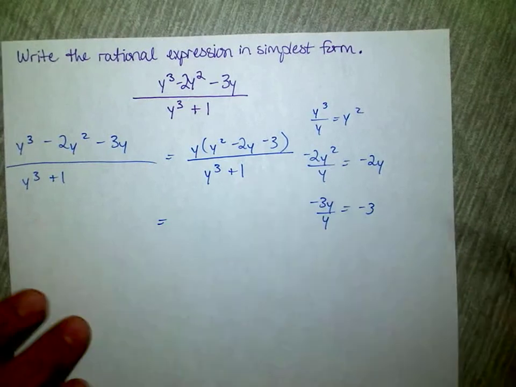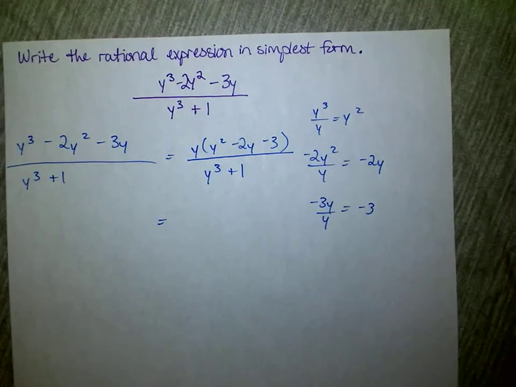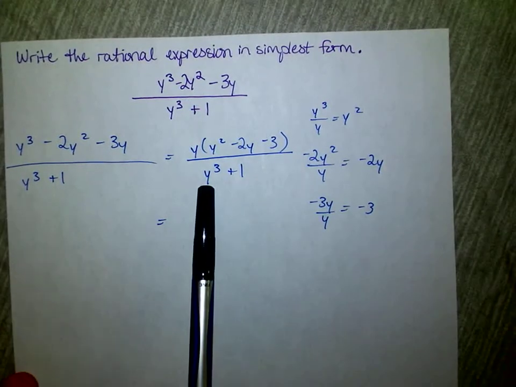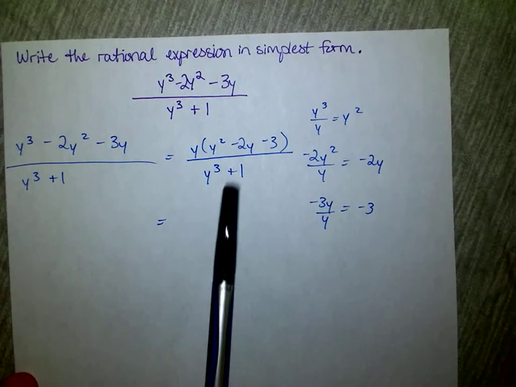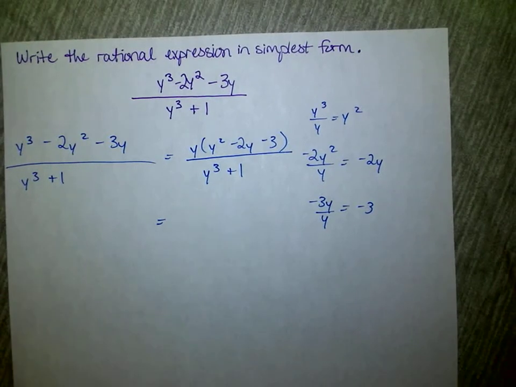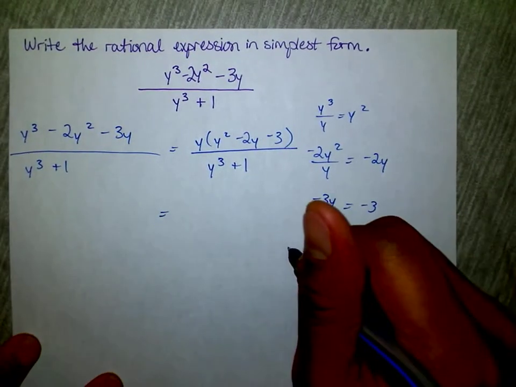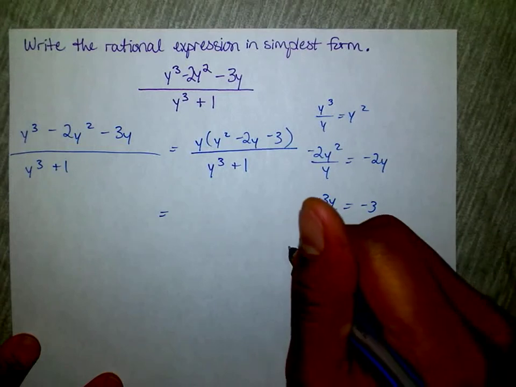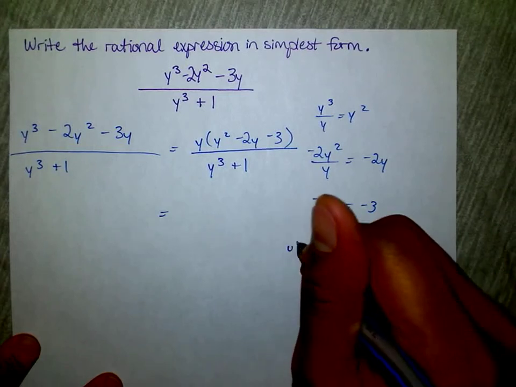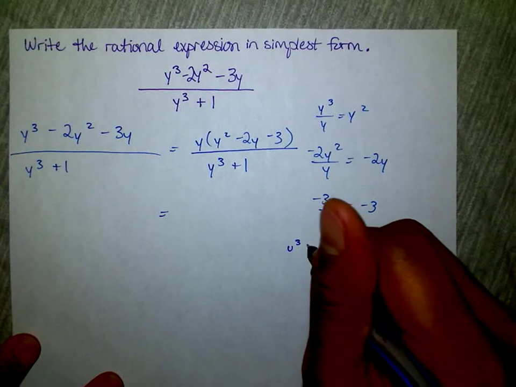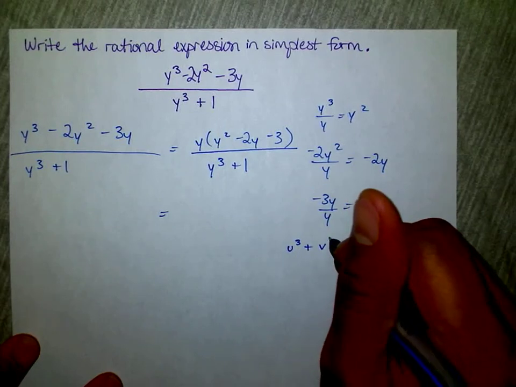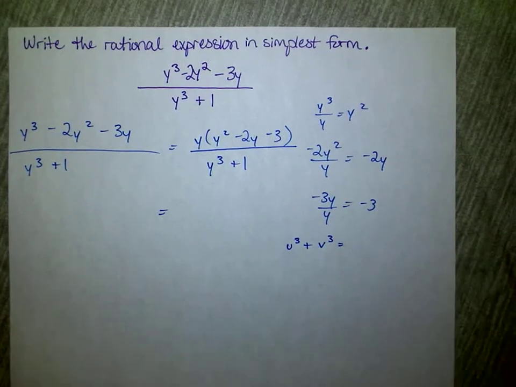Now we need to go ahead and figure out what, when we look up our definition for sum of 2 cubes, that's what this is. So the sum of 2 cubes is as follows. If we have, for instance, u to the third power plus v to the third power, that's a sum of 2 cubes.